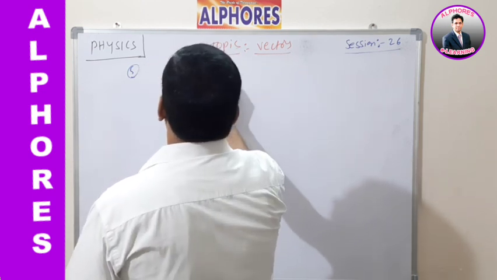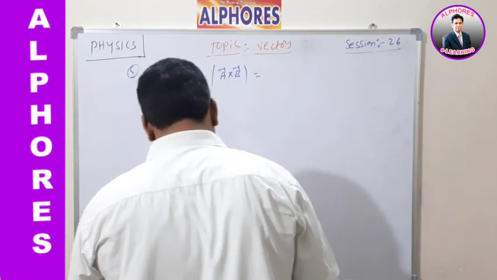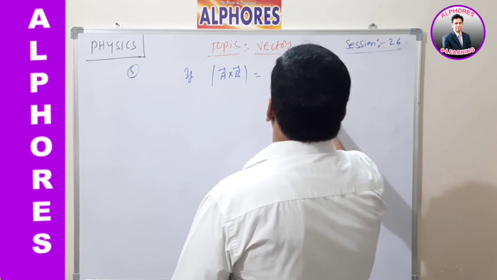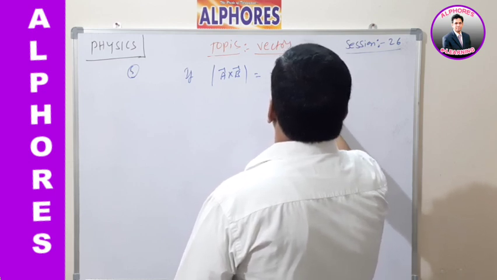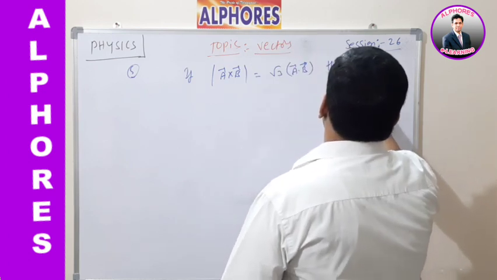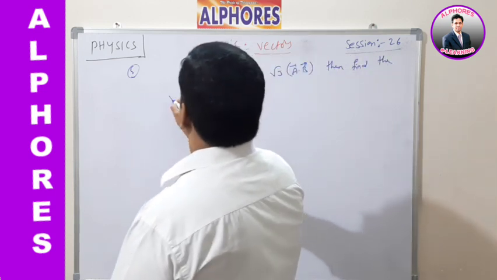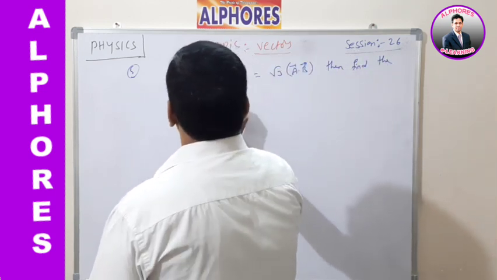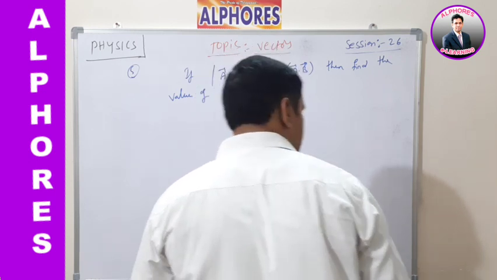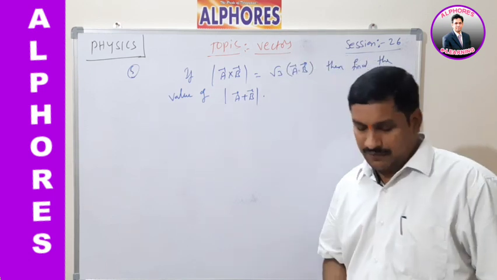If modulus of a bar cross b bar is equal to, I am giving one relation to you, √3 into a bar dot b bar, then find the value of modulus of a bar plus b bar. So this is the question I am giving.